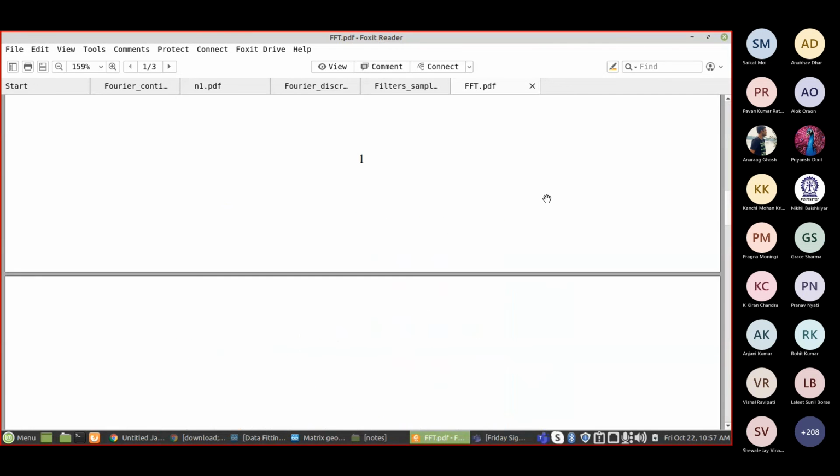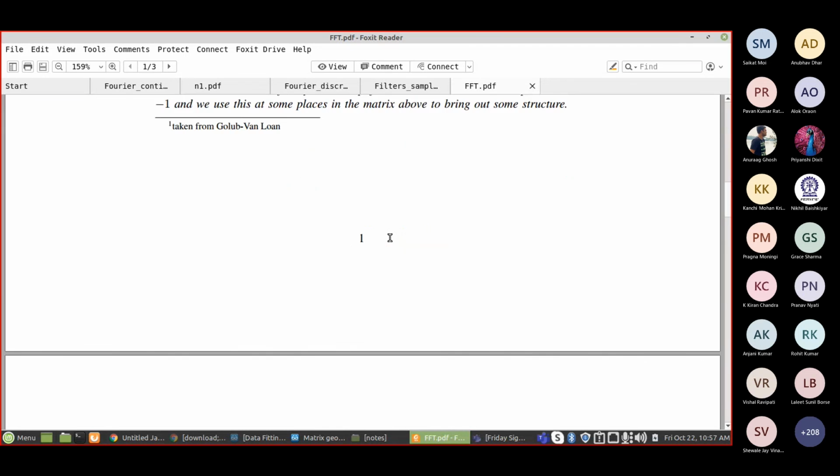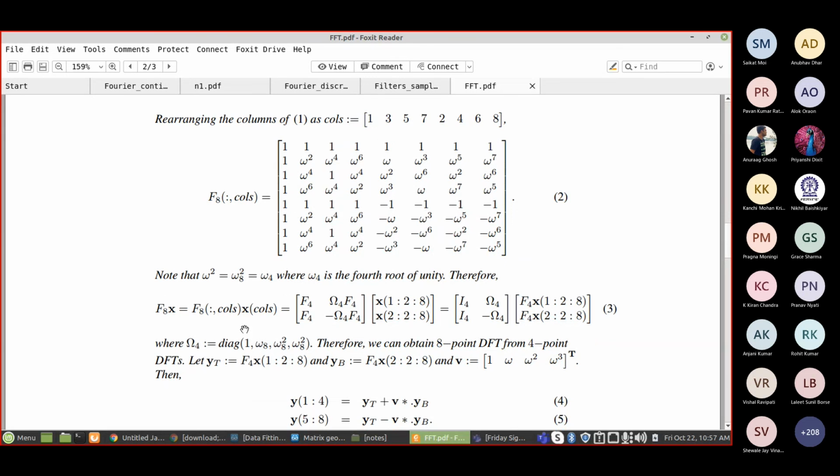So choose your permutation matrix such that it permutes the columns of the original matrix in this fashion, and it will also permute the rows of X. So 1, 3, 5 and 7 are the entries of X in the top half, and 2, 4, 6, 8 are the entries of X in the bottom half.